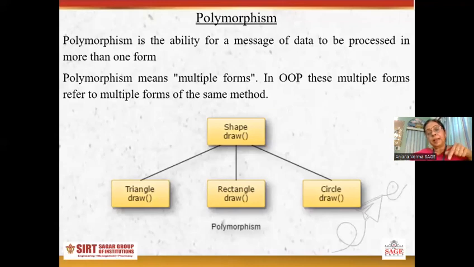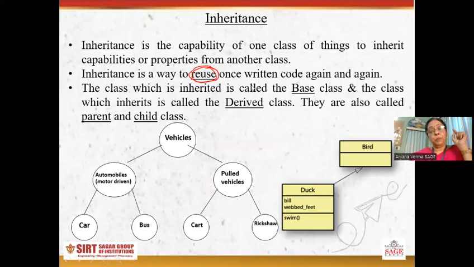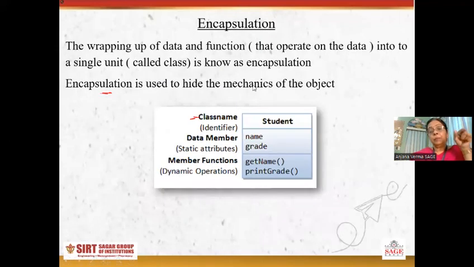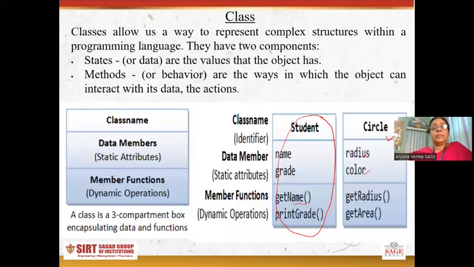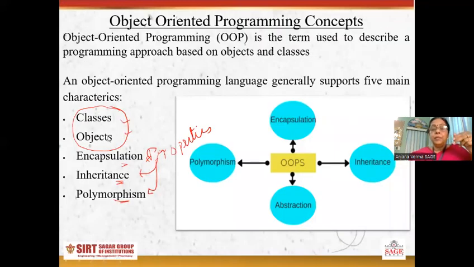A fully object-oriented language means it supports polymorphism, inheritance and encapsulation. Then you can say the language is an object-oriented language. And these two components, class and object, are the main features. On these features, these three properties are working. So for today, the object-oriented concept, I think you got my point.